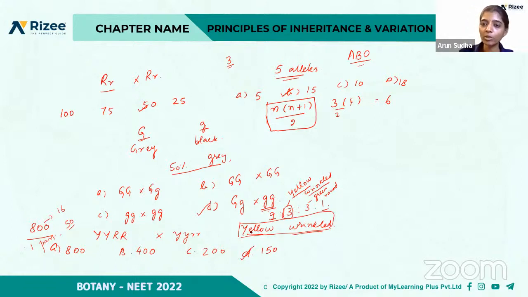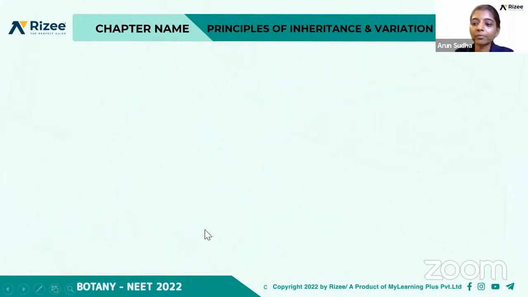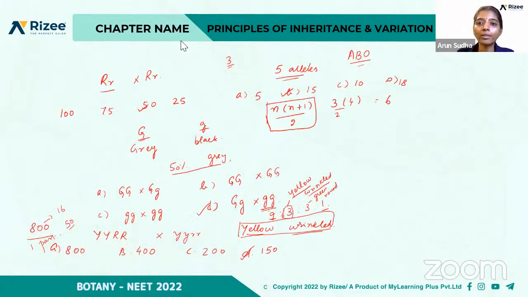So on what basis did you put 200? How did you put it as 200? So are you clear now? Clear with this ratio, that is 9:3:3:1. So are you able to follow it, Nandini, this sum?